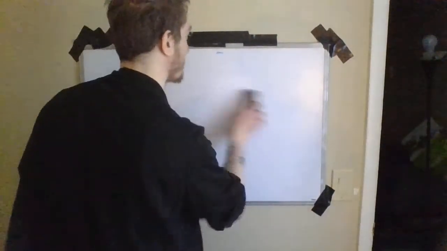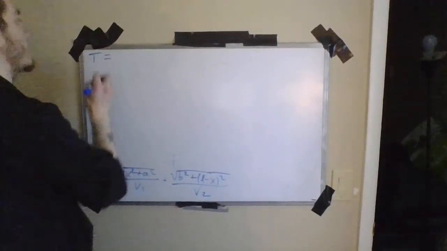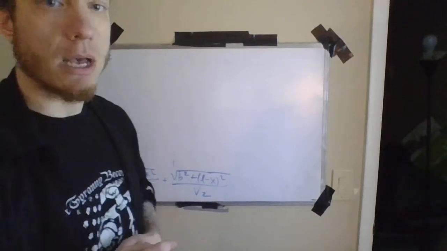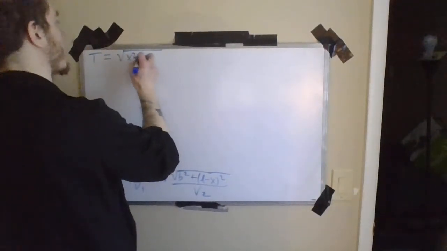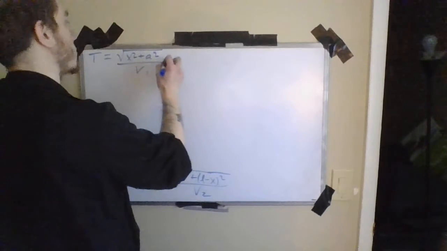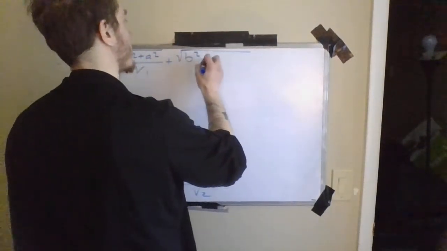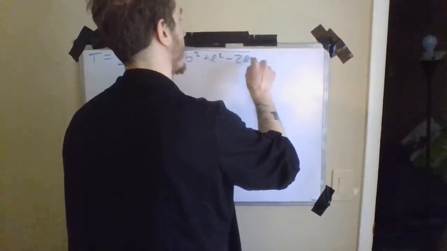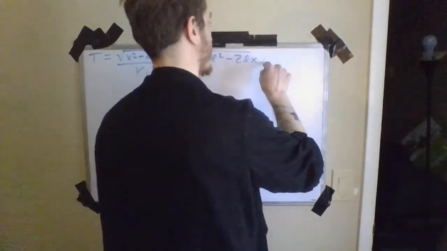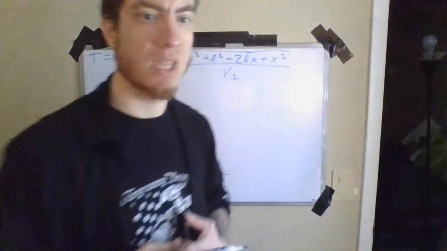The total time, when I simplify this out, is going to become the square root of x squared plus a squared divided by v1, plus the square root of b squared plus L squared minus 2Lx plus x squared, divided by v2.